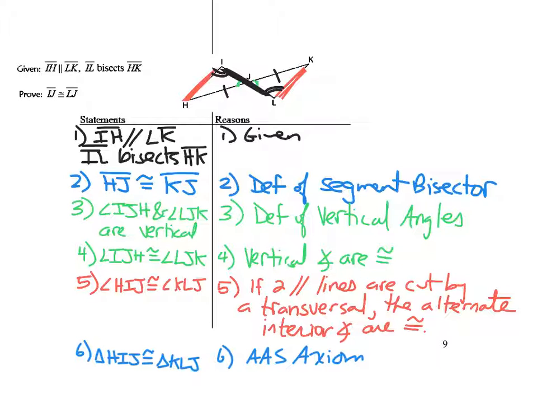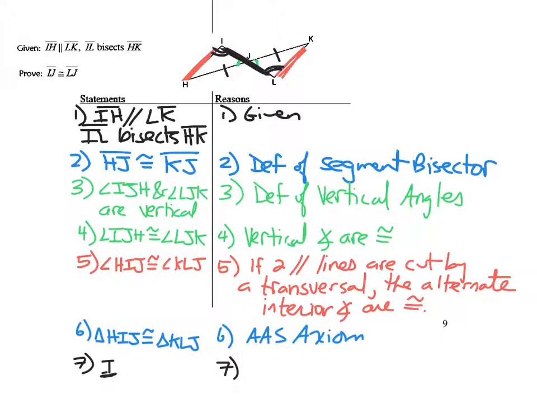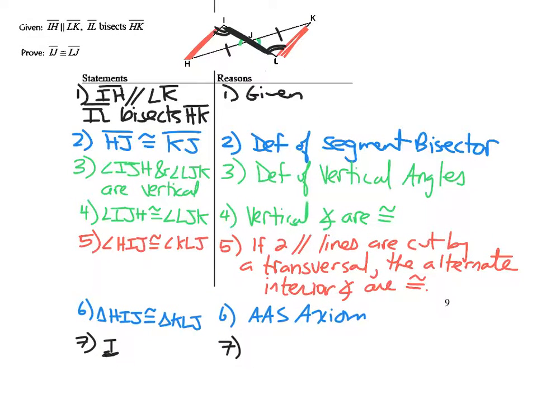Now, IJ and LJ are two corresponding sides that are contained within those two congruent triangles. So I now know that IJ is congruent to LJ by corresponding parts of congruent triangles are congruent. And there it is.